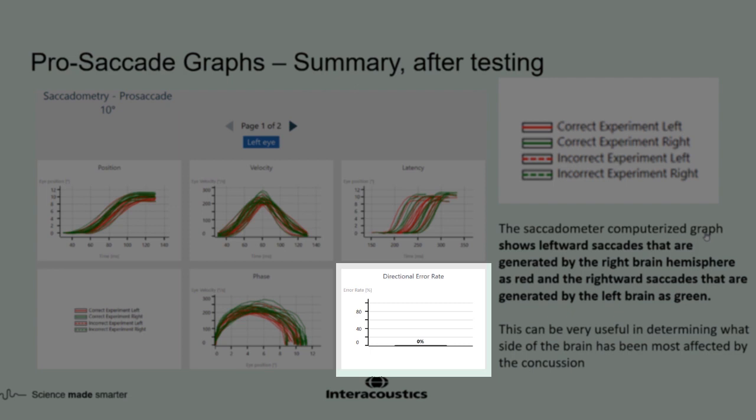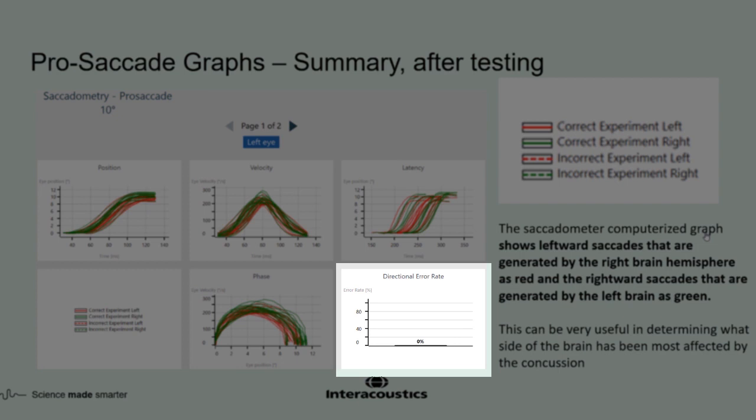We don't see that very often on pro-saccades, but on anti-saccades, when the task is to suppress the reflexive saccade to the illuminated target and move your eyes with a saccade in the equal and opposite direction to the perceived opposite target, directional errors are very, very common.